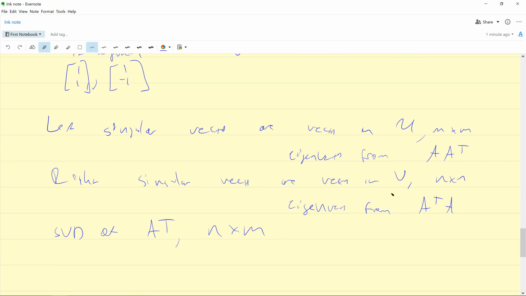But they're the same eigenvectors, because AA transpose is A transpose transpose times A transpose. You know what I mean? If you replace A with A transpose, you get these two matrices again, just switching the roles. Does that make sense? Yeah.